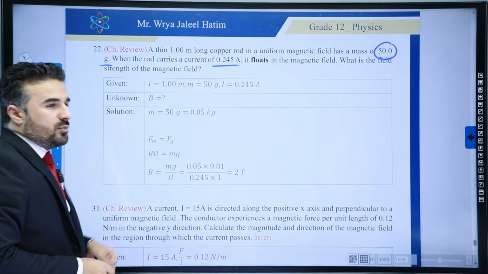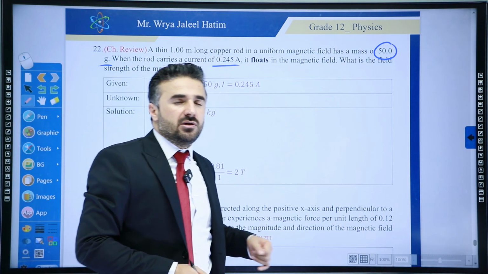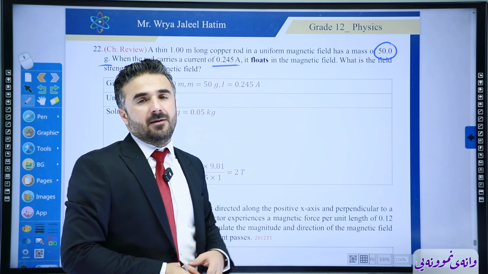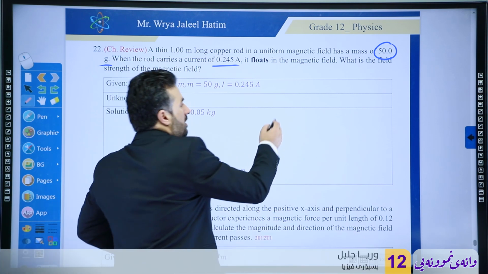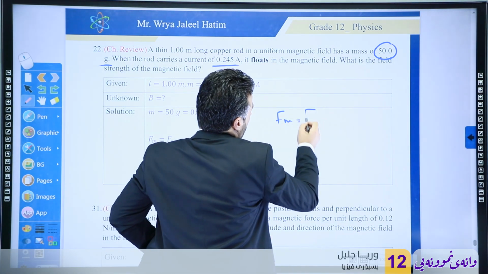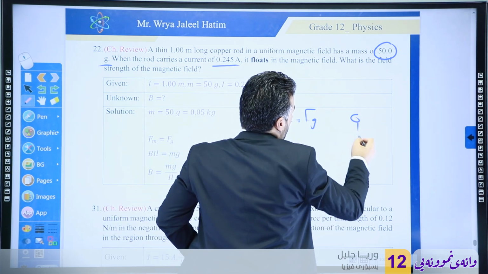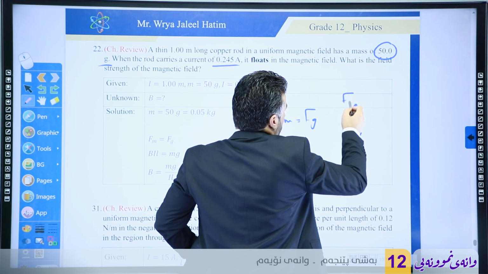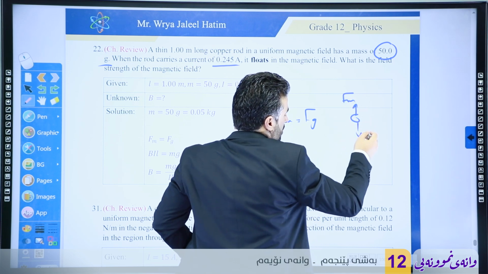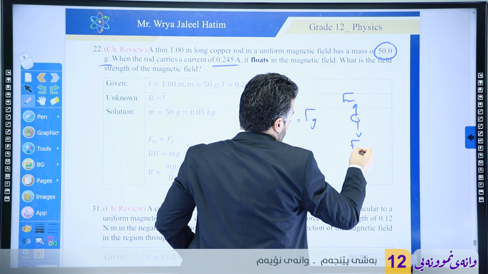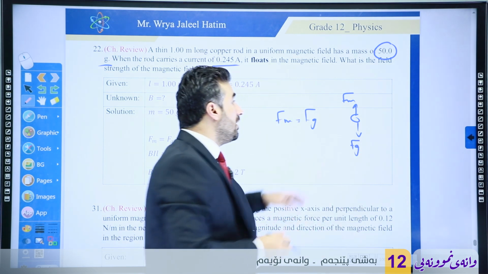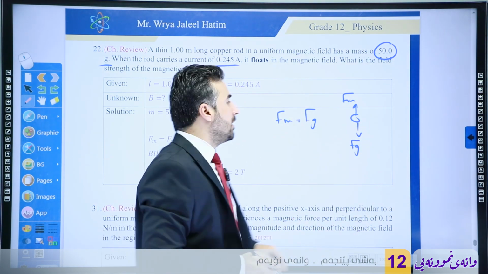You see, we've said whenever it says balances, cancels, floats, levitate, these all mean that the magnetic force must be equal to the gravitational force, because gravitational force pulls the wire downward, and then magnetic force must be upward so that these two can cancel one another. So they have to be equal in magnitude but opposite in direction here.